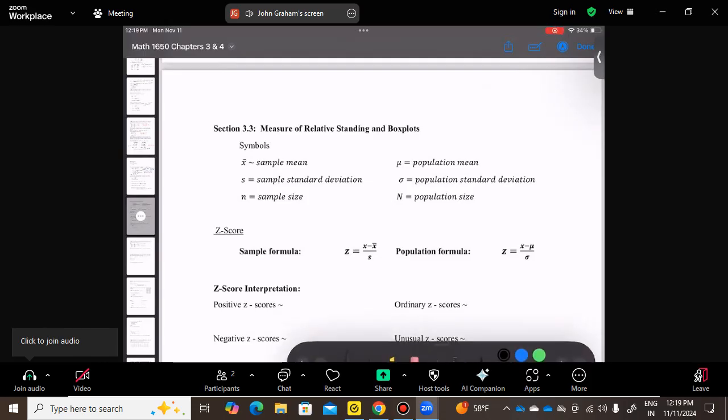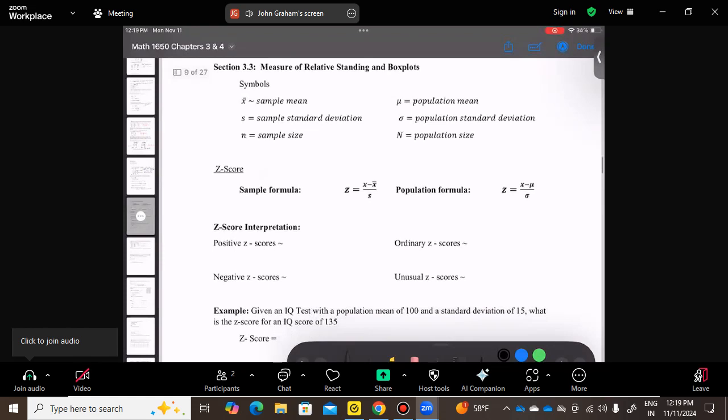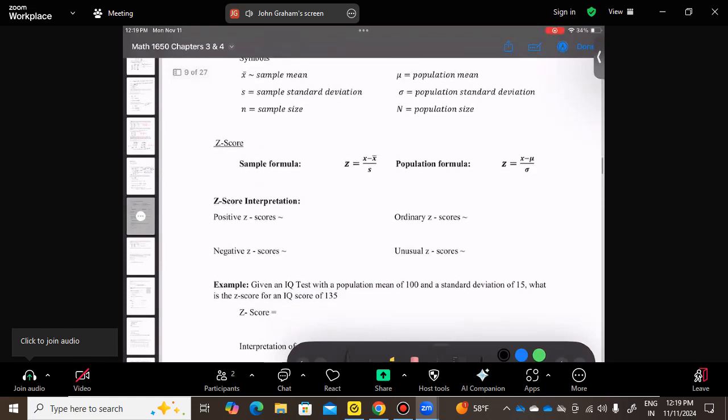We're going to look at what's called z-scores, and we find the z-scores the same way, whether it's sample or population. It's just your data value minus the mean divided by the standard deviation, and it gives you what's called a z-score. We will use these z-scores later on to get probabilities.